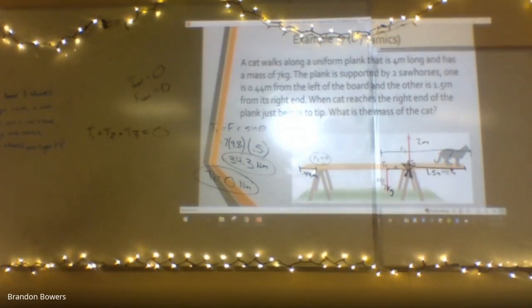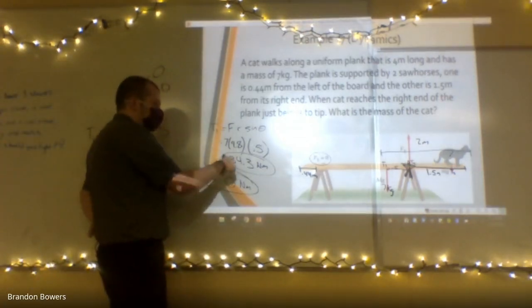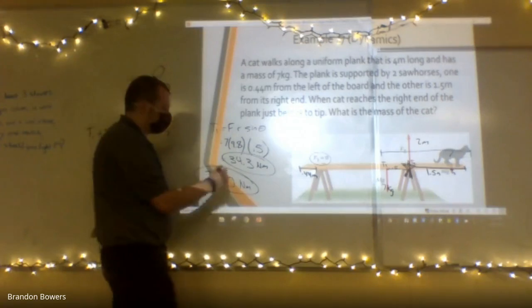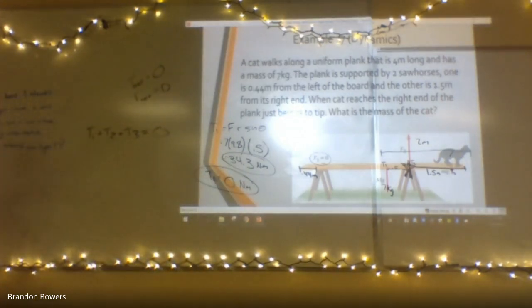Because in order to get a net of 0, one's always going to have to be negative. In theory, yeah. So really, this number's going down, so we can put a negative. Yeah, we can do that.